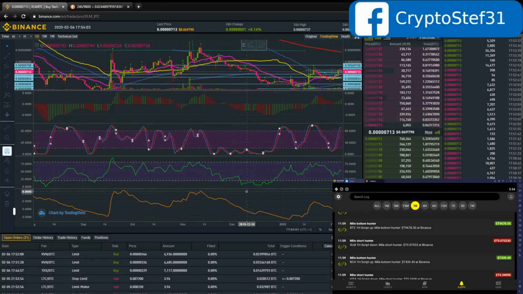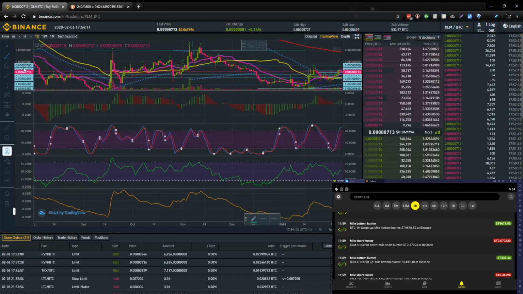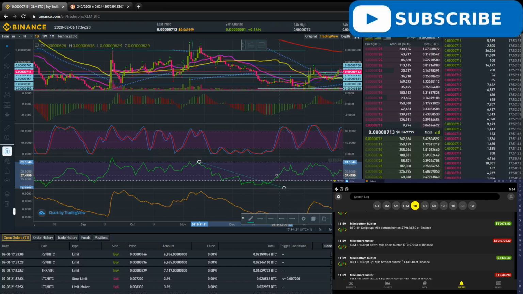And you don't buy when it's very oversold like this. You want to buy when you put a trend line here, and here is your buy.